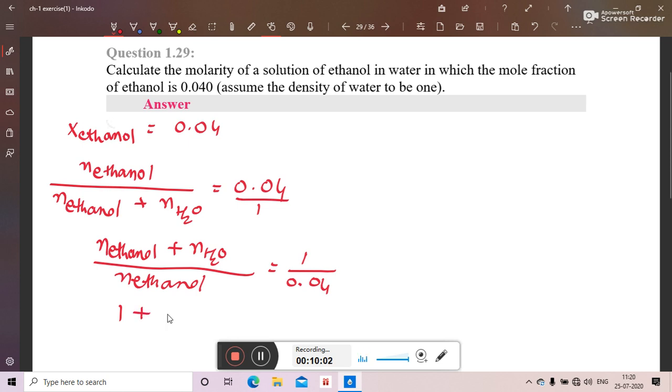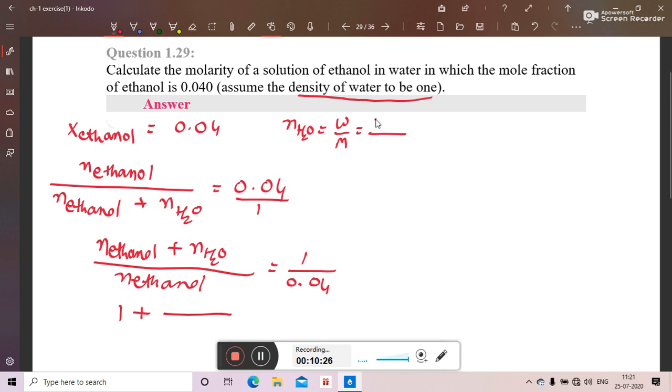So 1 plus number of moles of water. Here we will see that number of moles of water is nothing but mass of water upon molar mass of water. Now here it is said the density of water is 1. Now if density of water is 1, that means we will take 1 kg of water.